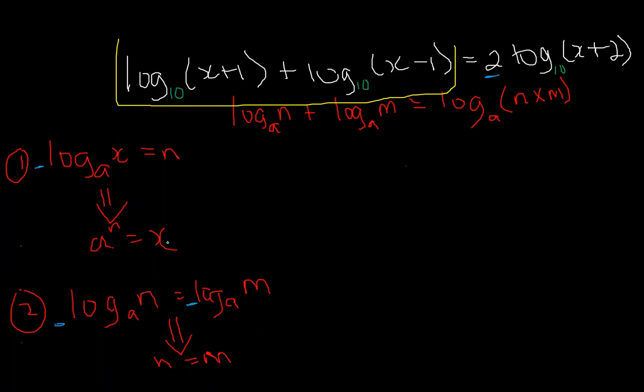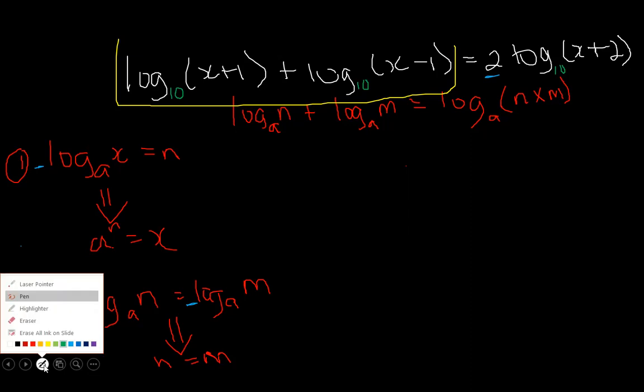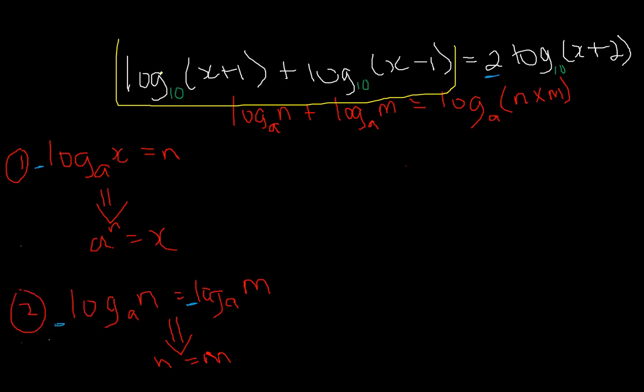Okay, back to our thing. So I'm applying my rule. That's what I said I would do. Can anybody tell me if I apply this rule to this right here in the yellow box, what would I get? Log of what? Anybody? If you don't know, let me know. I'll just do it.